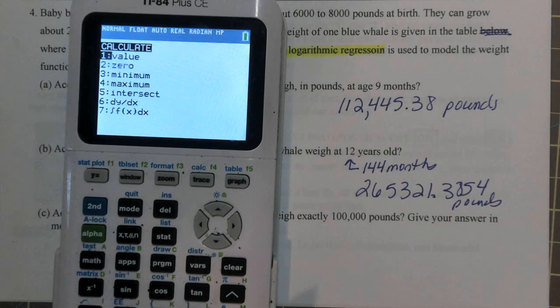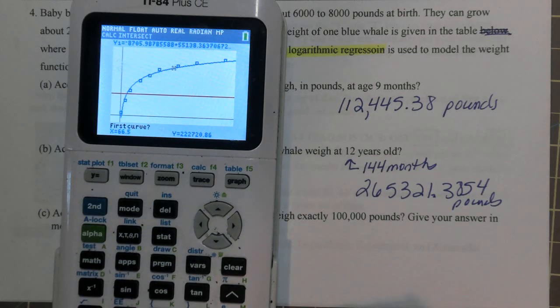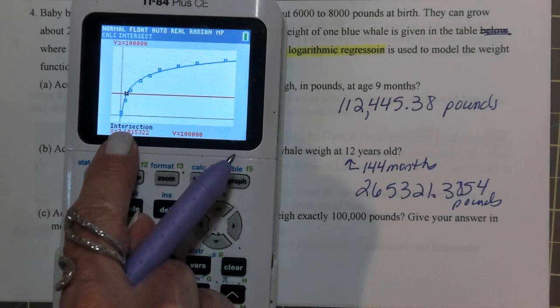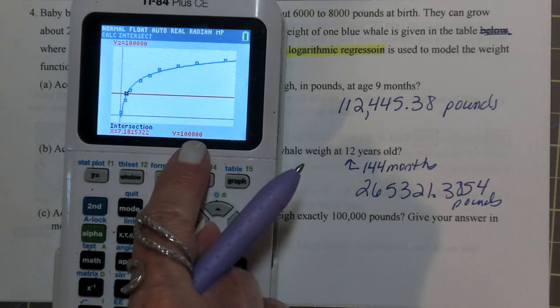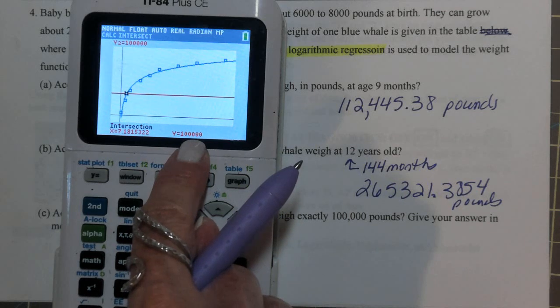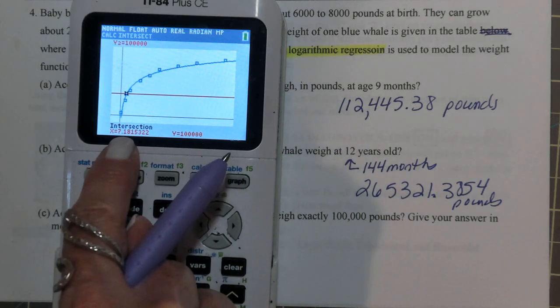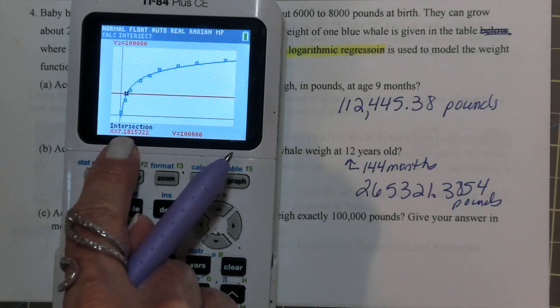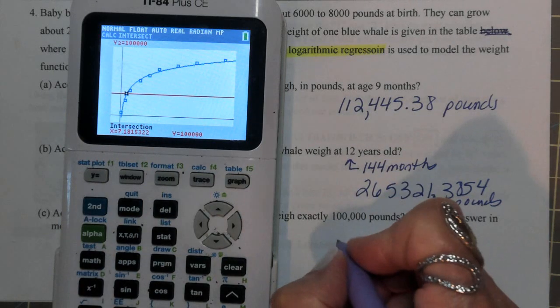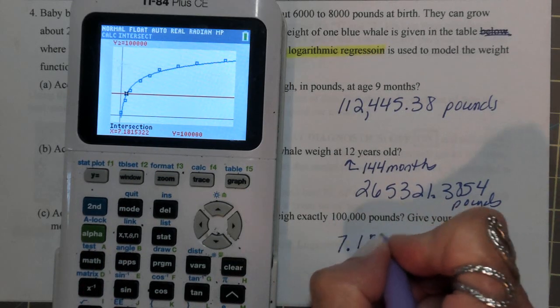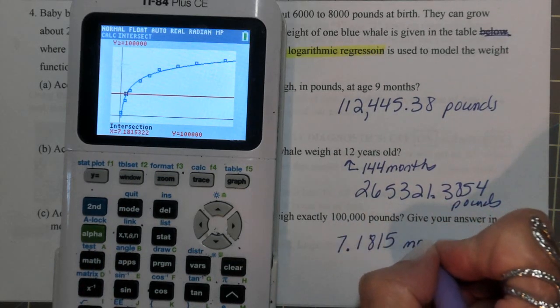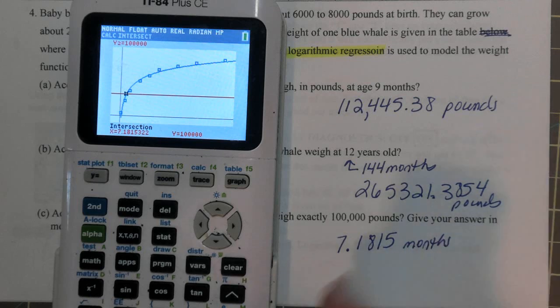Second calc. 5 for intersect. Enter, enter. Guess, enter. You know you're done when you see the word intersection. So when Y is 100,000 pounds, according to this model, the whale is 7.1815 months old.